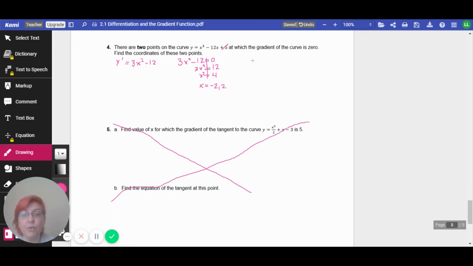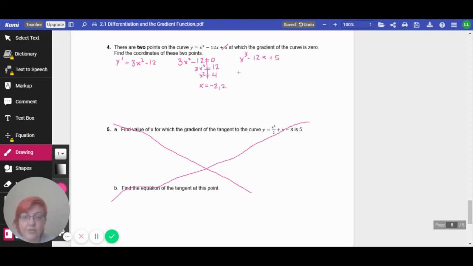So to find your missing points, you'll plug into the original curve equation. First, x cubed minus 12x plus 5.